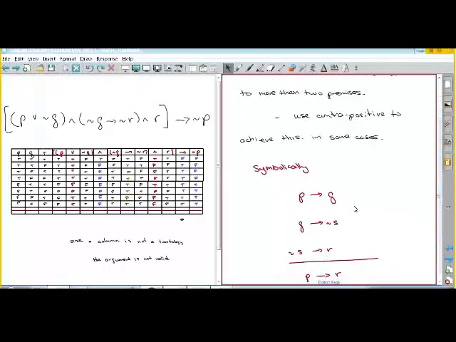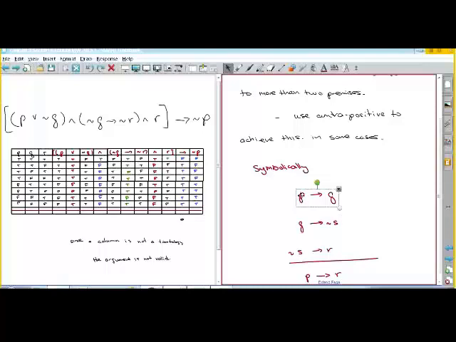Here's an example of a three-premise Lewis Carroll type argument. So what you have is if P, then Q; if Q, then not S; if not S, then R. From these three premises, because they're all if-then statements, and because the Q is here and there, you can cancel them out, and the not S is here, the negation of S, and the negation of S is there.